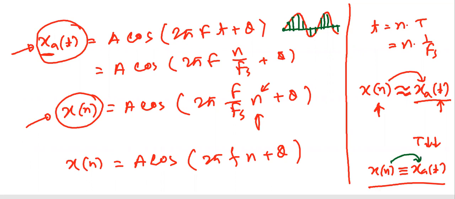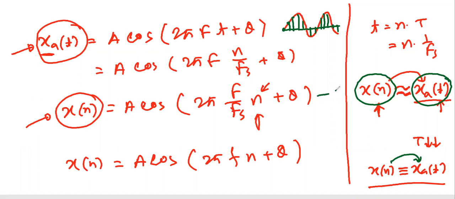You have all the values inside x_a(t), but x[n] has only a set of data taken from x_a(t). So x[n] is a subset of x_a(t). That's why we can say this is equivalent. Is that okay? Yes, sir.